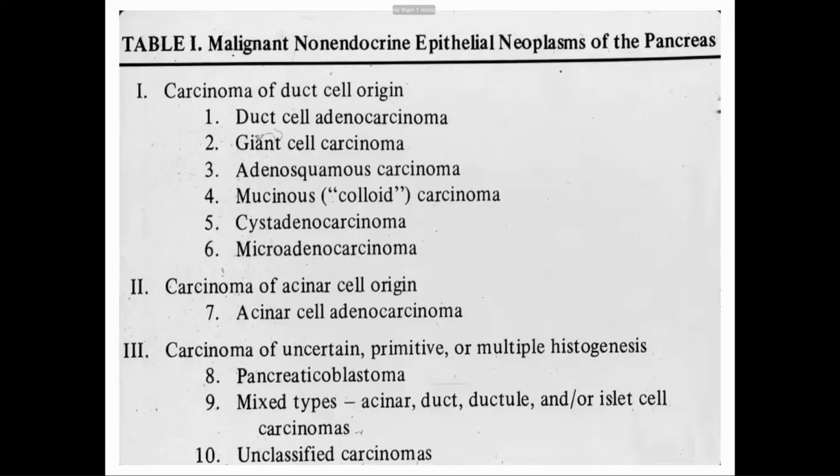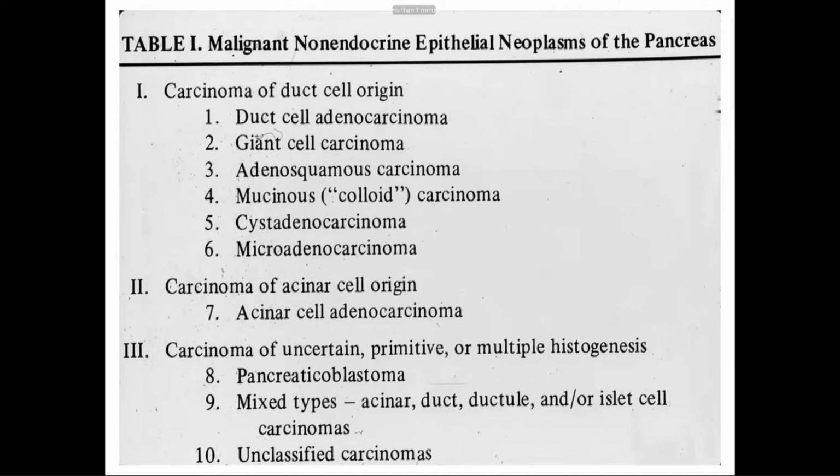Now, malignant pancreatic neoplasms can be divided into endocrine and non-endocrine. The pancreas produces endocrine hormones, that is insulin, then gastrin, glucagon, and somatostatin.